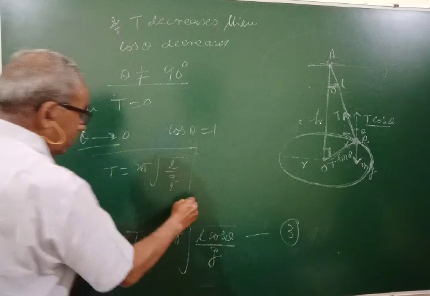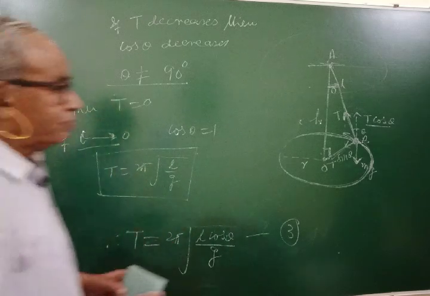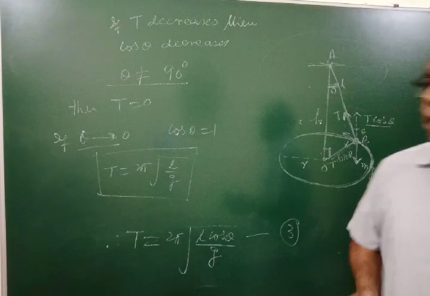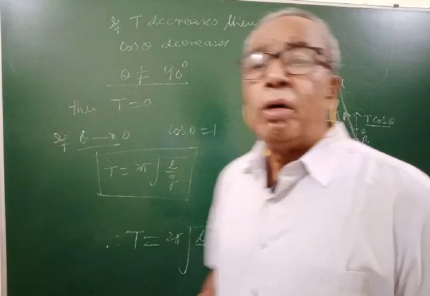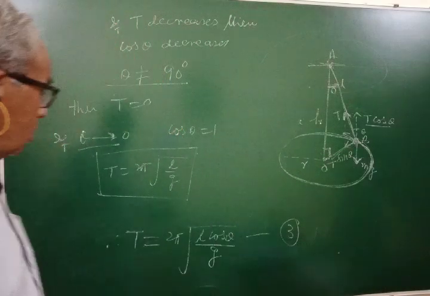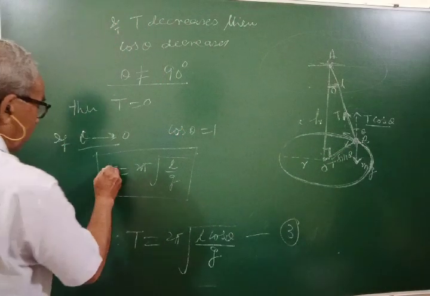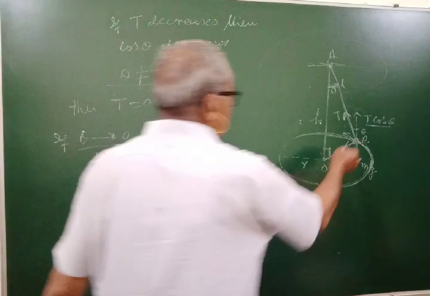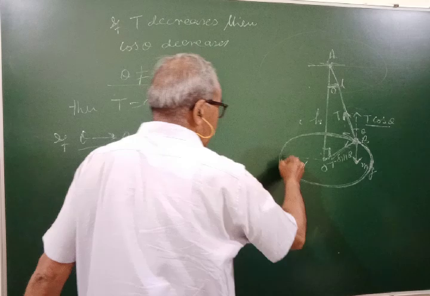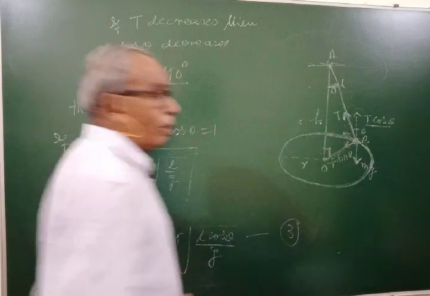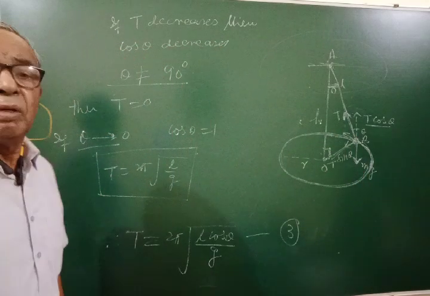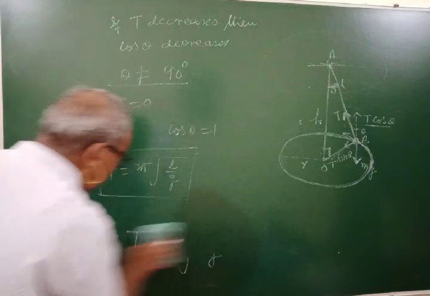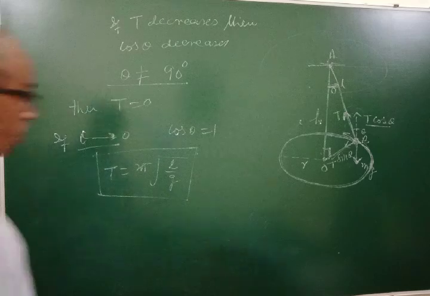And this is the time period of simple pendulum, which you have heard in class 10, and we will learn in class 11 later on while studying simple harmonic motion. So for theta tending to 0, there is no difference in the time period of simple pendulum and conical pendulum. Whatever is the time period of simple pendulum, same is that of conical pendulum.